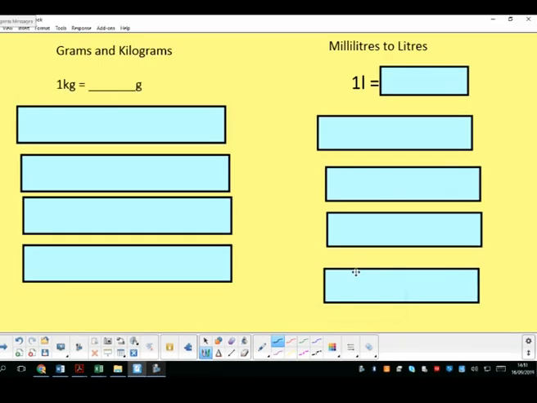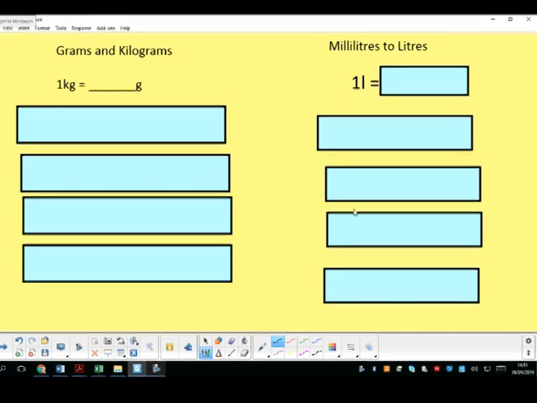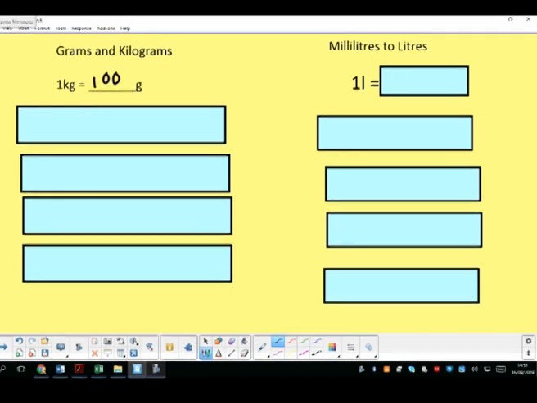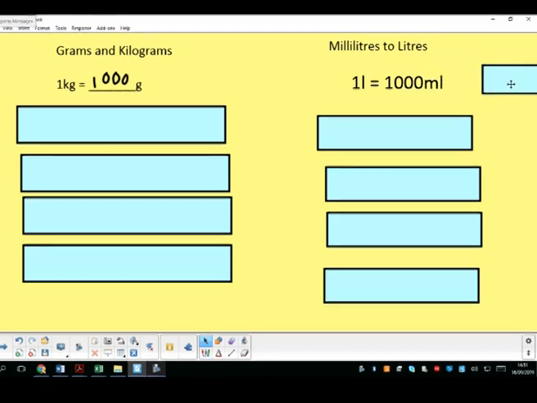Two other common metric units are grams, kilograms, and milliliters and liters. But the method is exactly the same for grams, kilograms, milliliters and liters as it is for meters and kilometers. So 1 kilogram is 1,000 grams, and 1 liter is 1,000 milliliters.